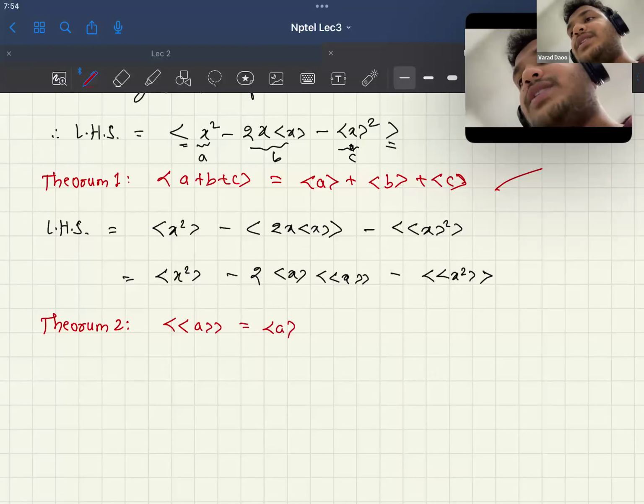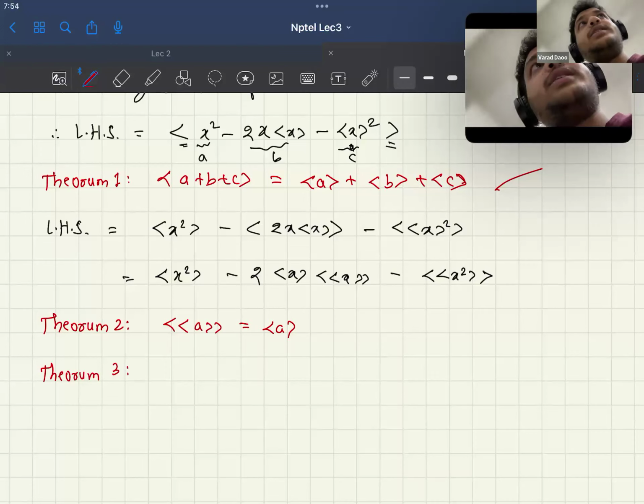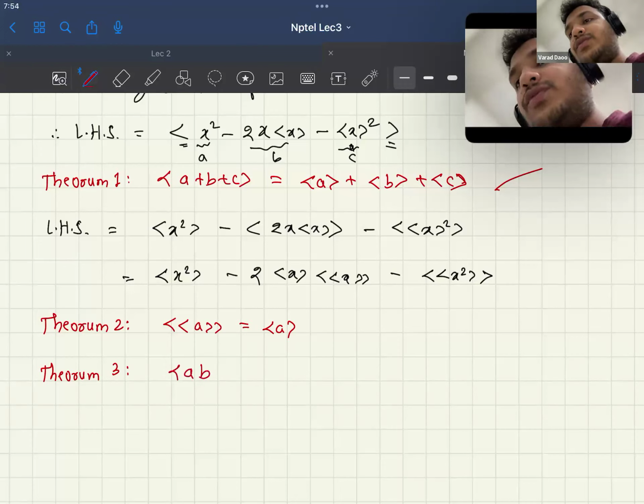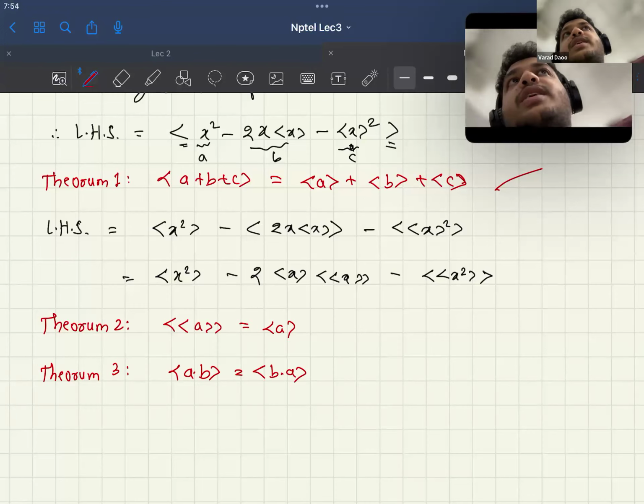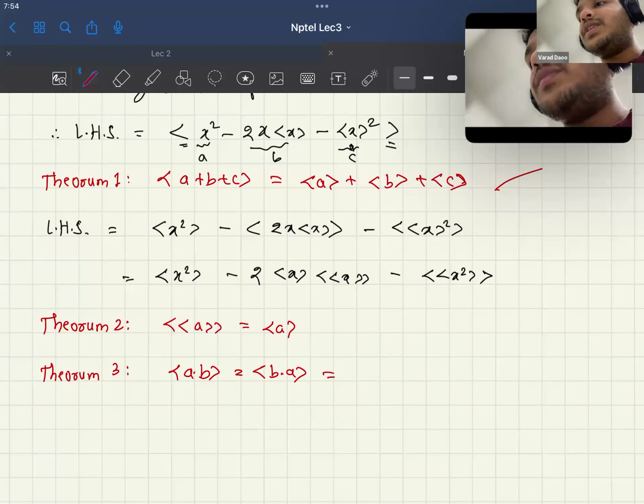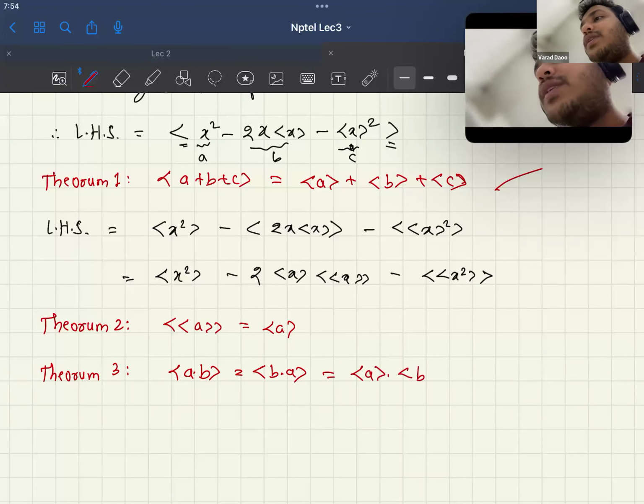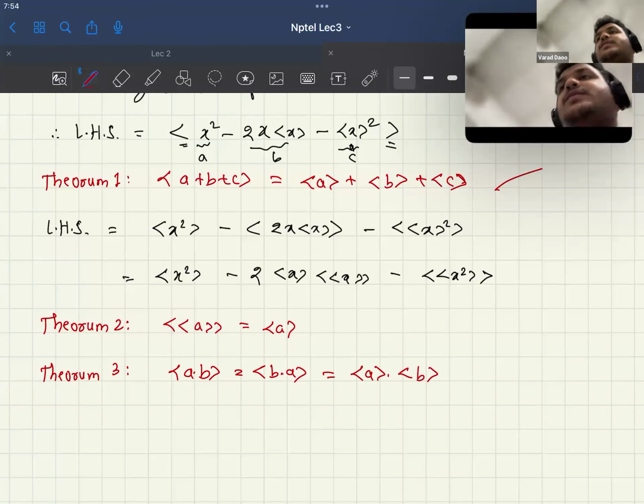Sorry, average of a itself. And theorem 3 tells us that average of a into b is nothing but average of b into a, right? This is very clear, which is nothing but average of a into average of b, right?